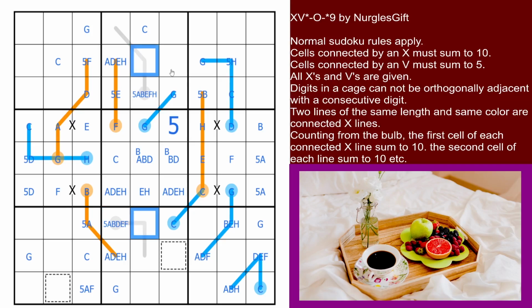But it could be absolutely anything, right? A, E, B, F, D, H. Oh, these at least do not have F. But that still could be everything else.